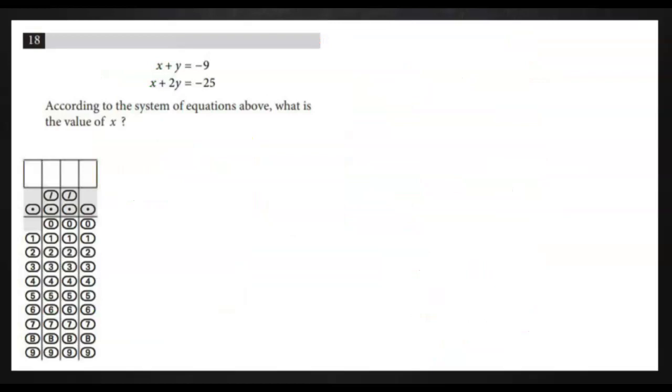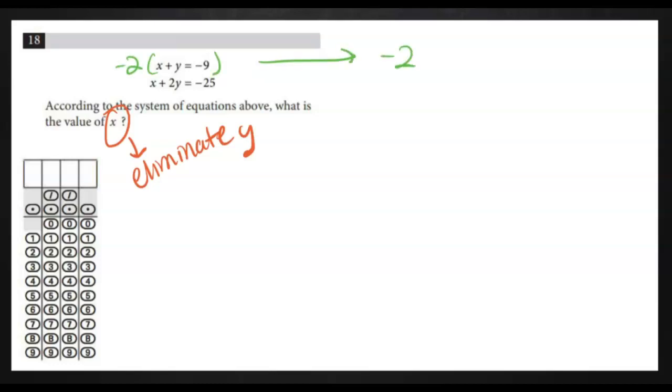Here we go, question 18. So you have a system of equations. We want to find out what the value of x is. So in this question, if you want to find x, to save you time, you should do elimination and you should eliminate the y. So what we want to do is multiply the first equation by a negative 2. You have negative 2x minus 2y is equal to a positive 18.